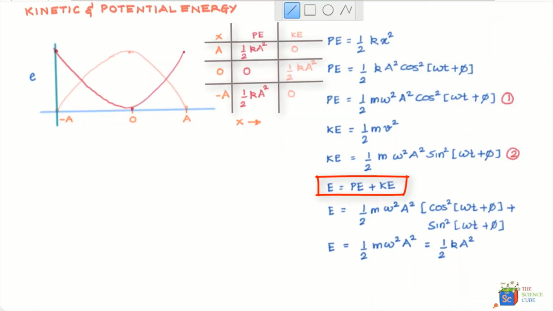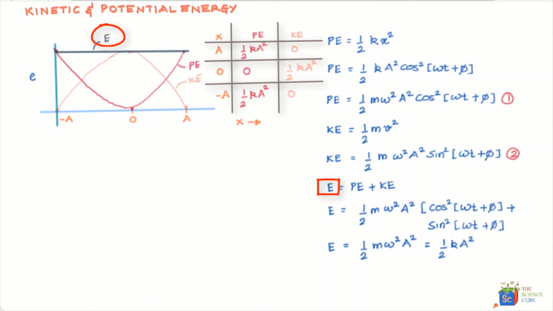When we want to draw a graph for total energy, that is equal to the sum of potential energy and kinetic energy, that is a straight line, meaning energy remains constant. That is shown in this figure.